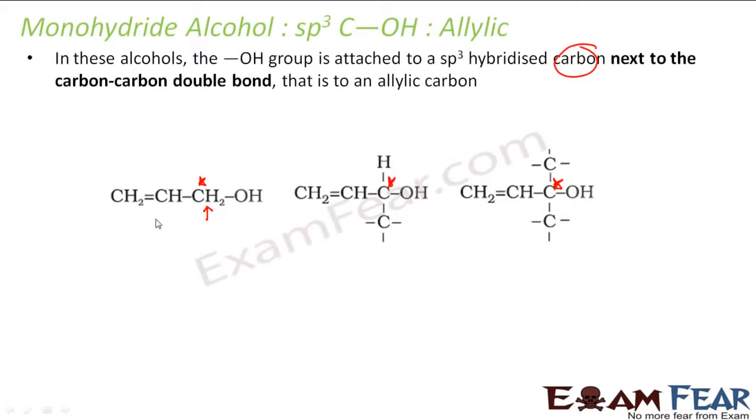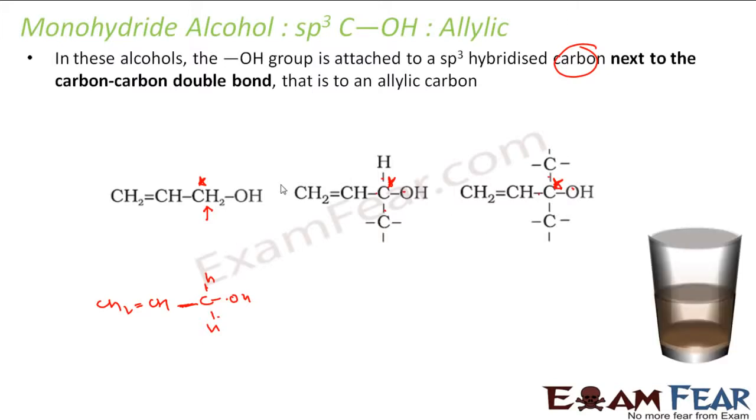That's called allylic carbon. If you see, this carbon is sp3. I can show you how. In this carbon, if you see 1, 2, 3, 4 bonds, so it is sp3 hybridized. This also has 1, 2, 3, 4 bonds, sp3 hybridized, and 1, 2, 3, 4, sp3 hybridized. These are also generally liquid.